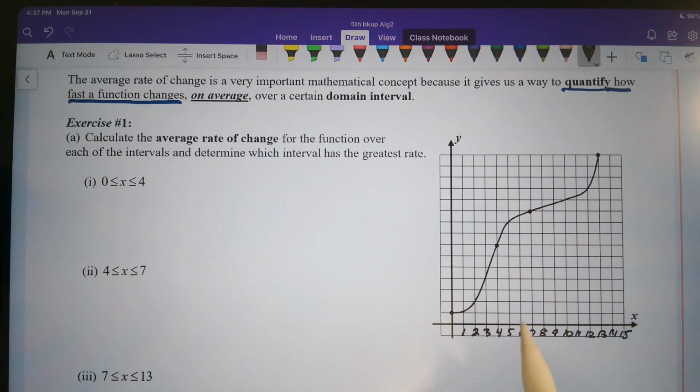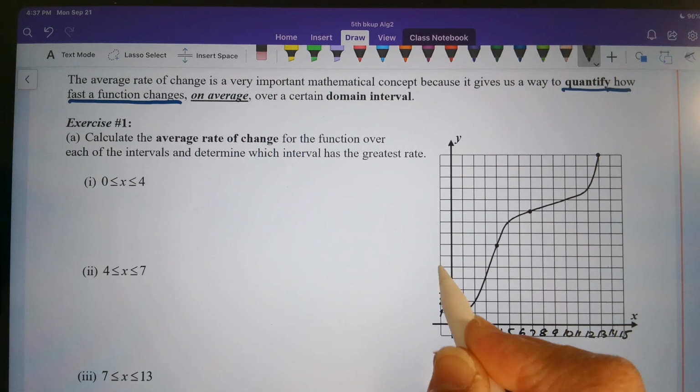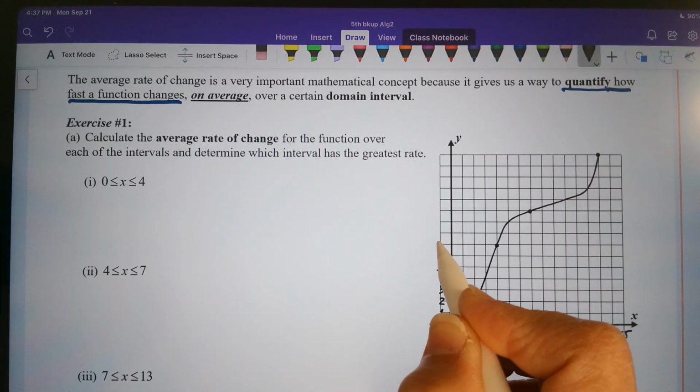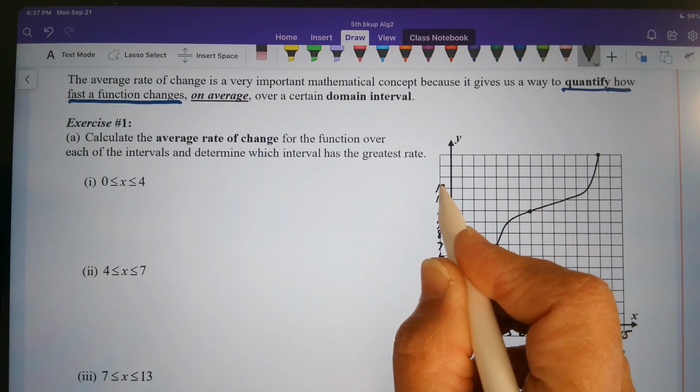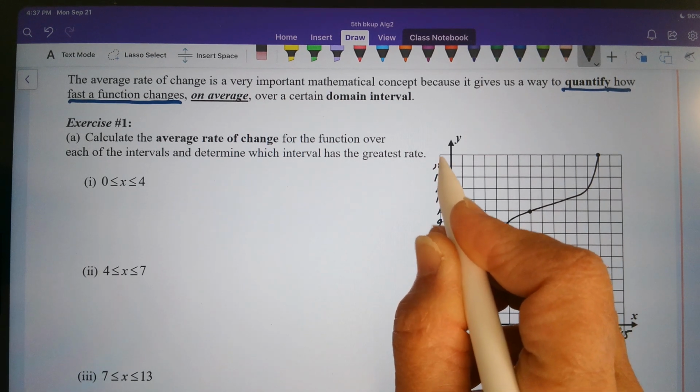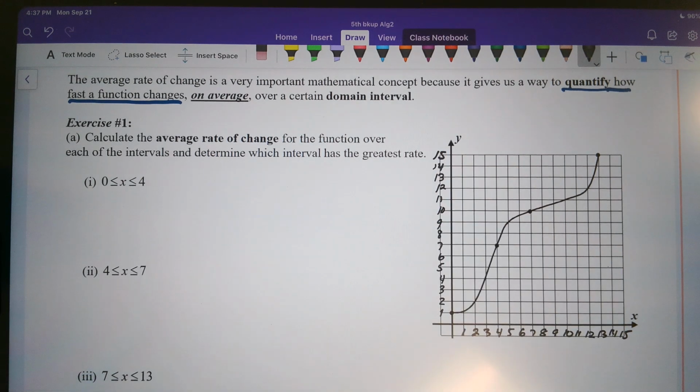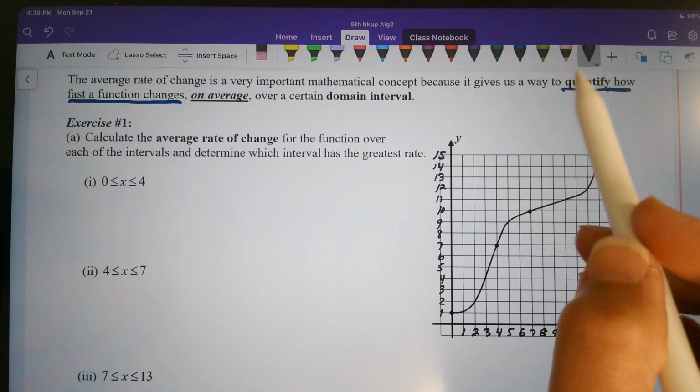Looks like it might be 15 by 15. Whenever there is no scale indicated, it is going by ones. So our first interval, x is going from 0 to 4.